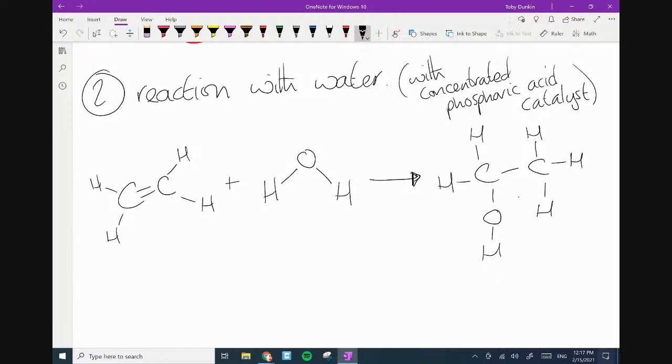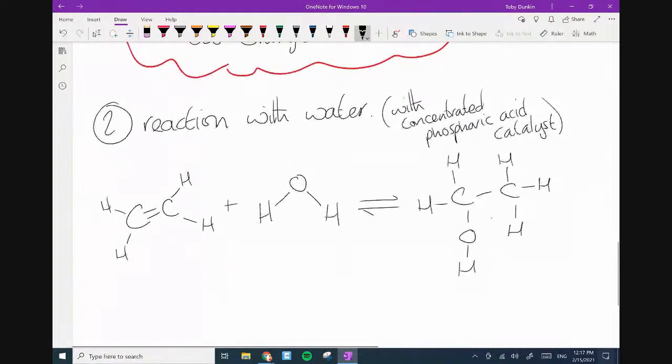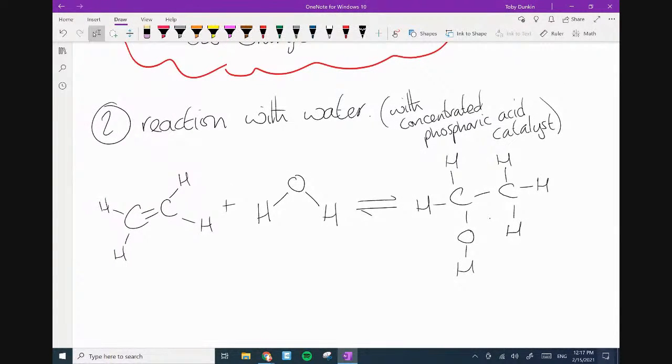Now at this point, just to mention, this reaction is reversible. So the alcohol can actually turn back into the alkene.